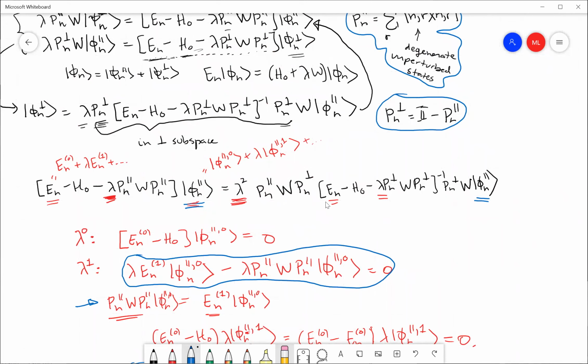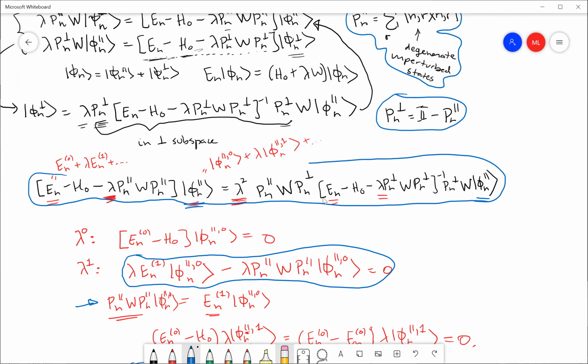We have to go back to this equation and look at what happens to the state here. And this is where it gets a little bit more complicated. The equation is a little bit more complicated. So what we want to do is rearrange this equation and put everything over to one side.